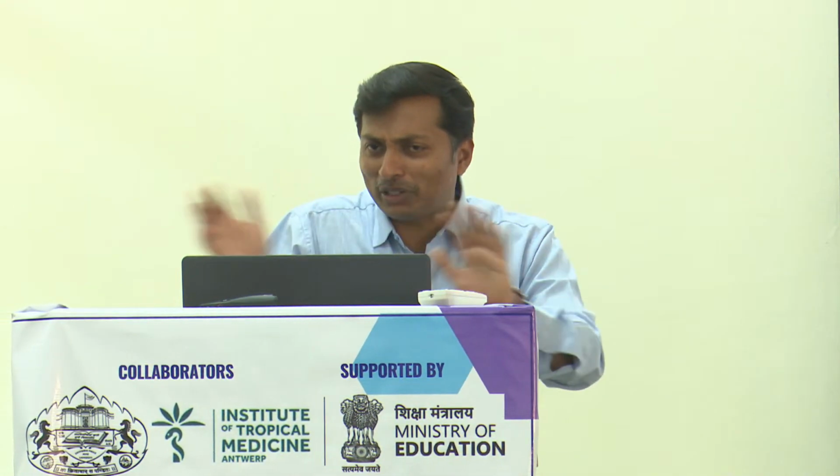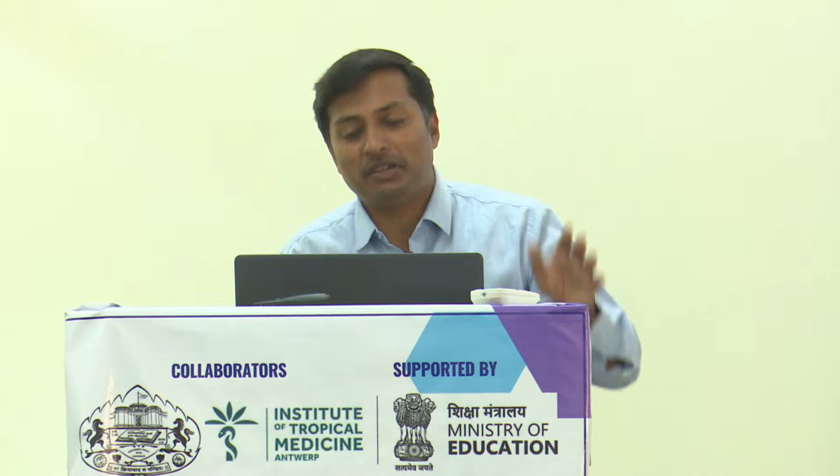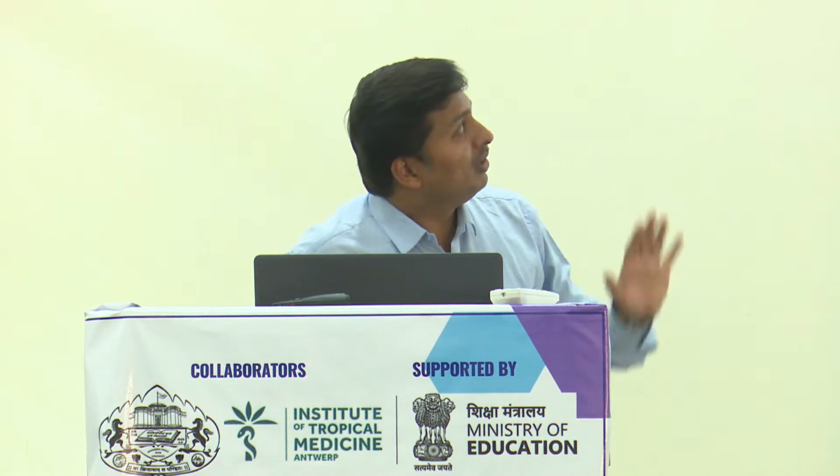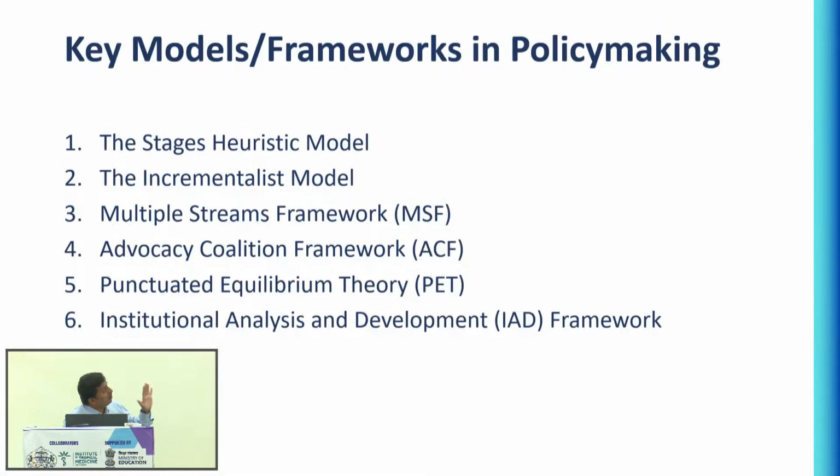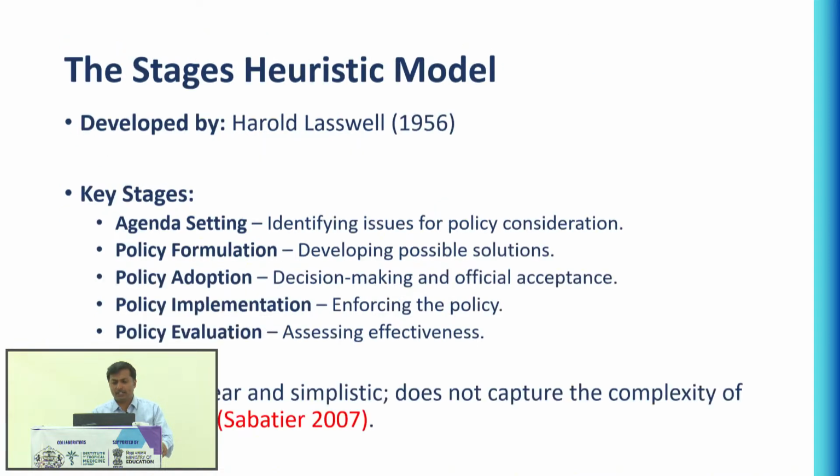Oh, there are these wonderful 4 stages. But does this work in the real world in that logical sequence? So there are different frameworks and models. These are some of the key models and frameworks used in policy making: the stages heuristic model, the incrementalist model, multiple streams model, advocacy coalition framework, punctuated equilibrium, and institutional analysis. I'll just quickly run through them.